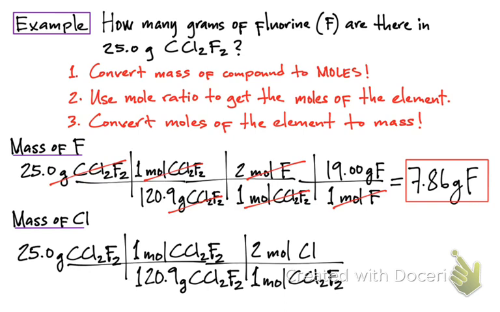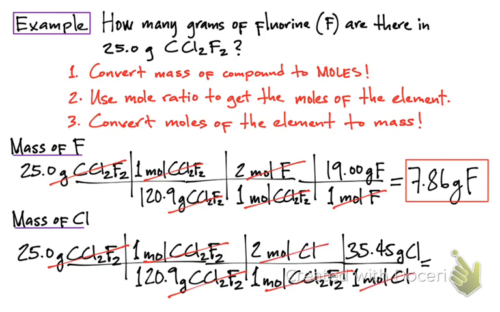Once you've converted it to moles of chlorine, you can now convert this to mass in grams using the molar mass of the element chlorine, which is 35.45 grams per 1 mole. You can see the units canceling out, and you're left with mass in grams. So multiply all the numbers up top divided by all the numbers in the denominator, and you will get 14.7 grams of chlorine.